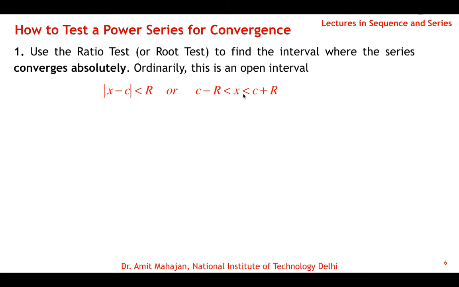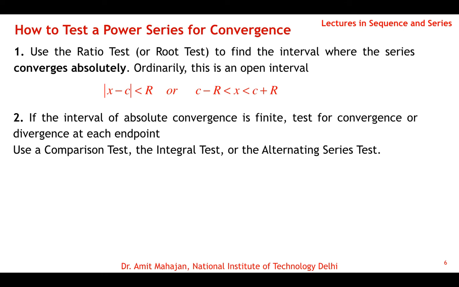Or if you found that r is 0, then it is converging only at one point x is equal to c, then again there is no boundary point to be checked. But if you found that r is finite, and it's a finite interval, then we also need to calculate the convergence at the boundary points. That means at x is equal to c minus r and at x is equal to c plus r separately.